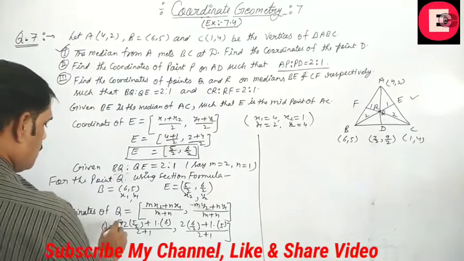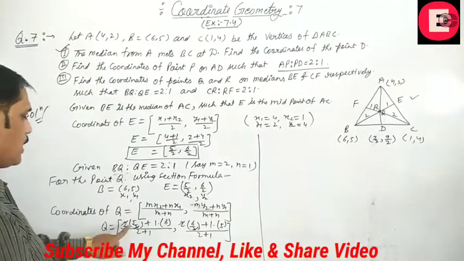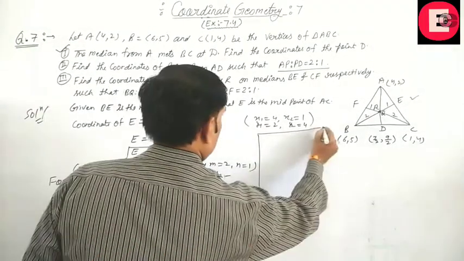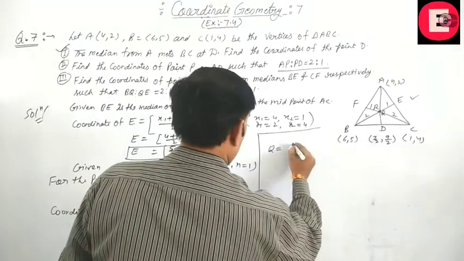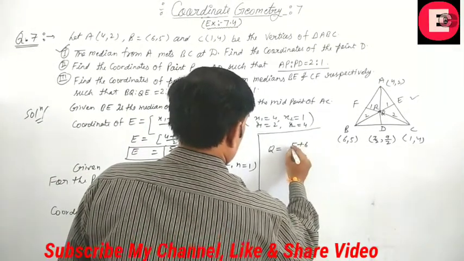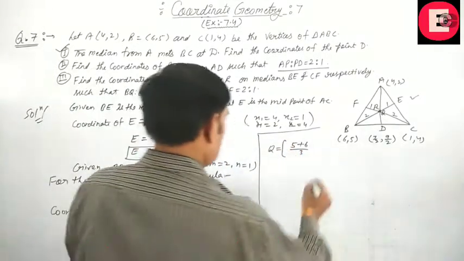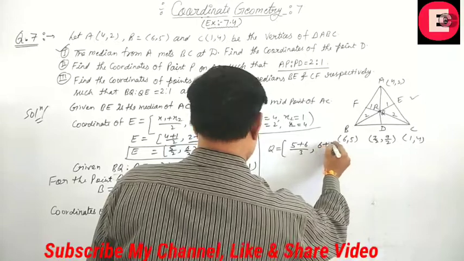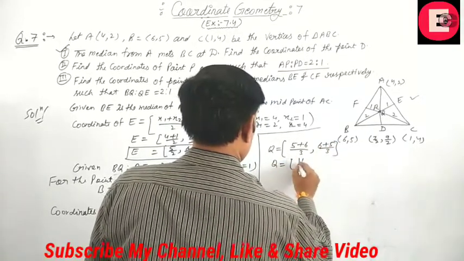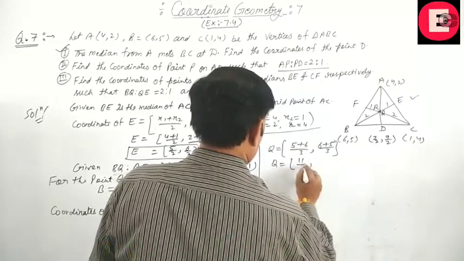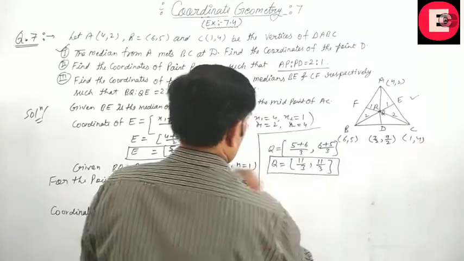Now here 2 and 2 will be cancelled, and here 2 and 2 will be cancelled. So the coordinate of Q is (5 plus 6) upon 3, comma, (6 plus 5) upon 3. So the coordinate of Q is 11 upon 3 and 11 upon 3.